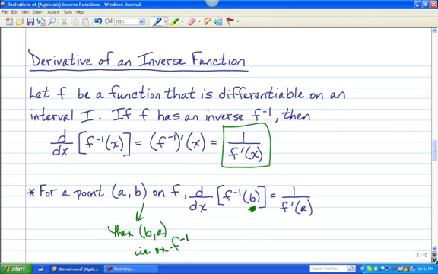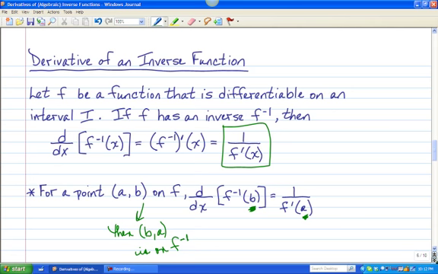And remember, this number inside the parentheses in function notation is always the x value. So the derivative of the inverse at b will equal 1 over the derivative of the original function at a.